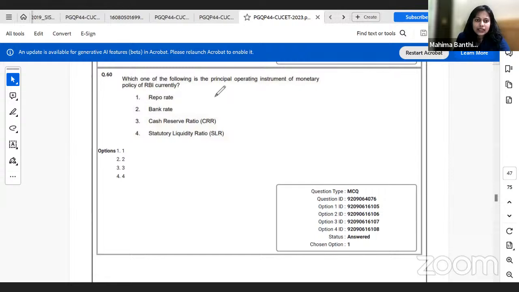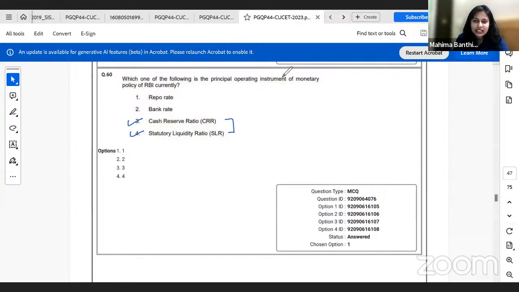Now, the thing is that SLR and CRR are both rates at which RBI mandates banks to secure some money. So these are rates which are not typically changed easily.